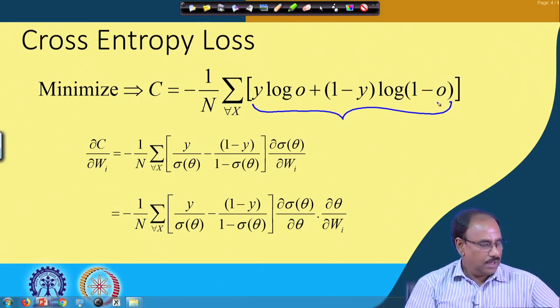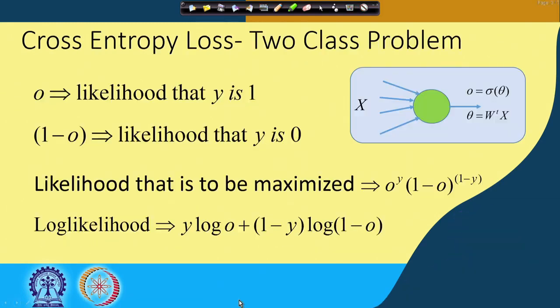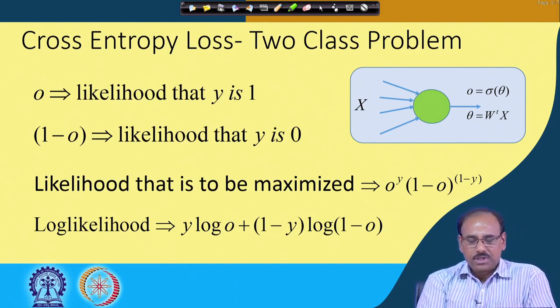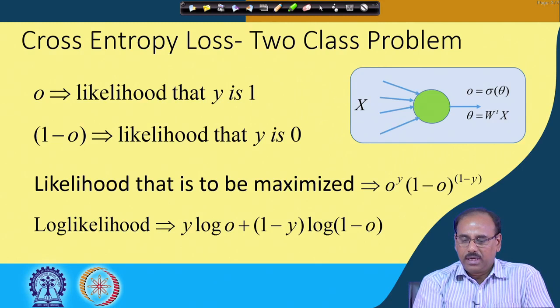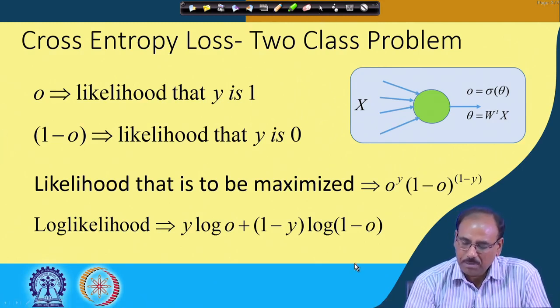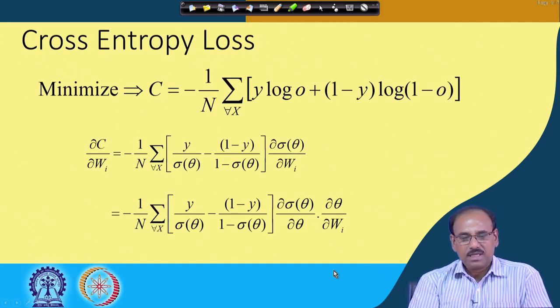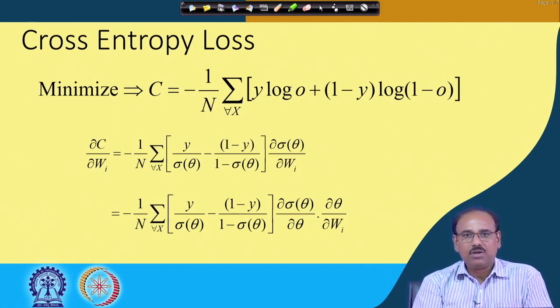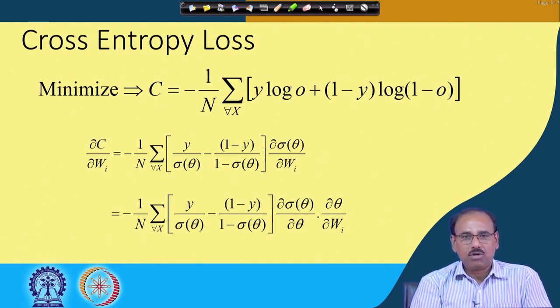So, you find that in the previous case we said that we want to maximize this log likelihood, which is y log O plus 1 minus y log 1 minus O, which is equivalent to minimization of the function C, which is our cross entropy loss. So, again as before, for minimization of this cross entropy loss, we have to follow the gradient descent approach.